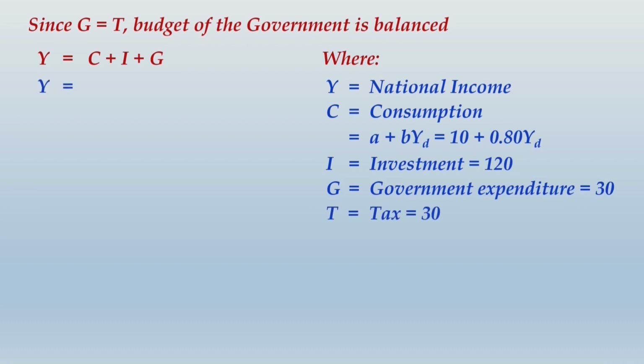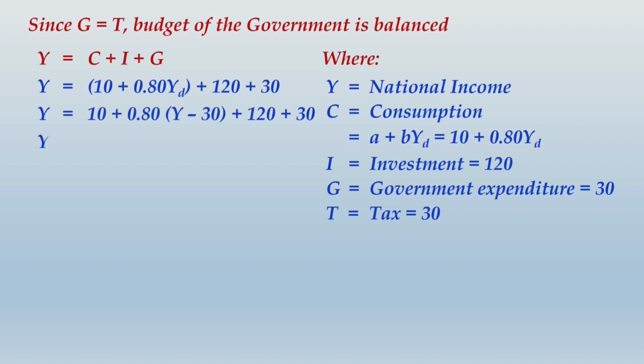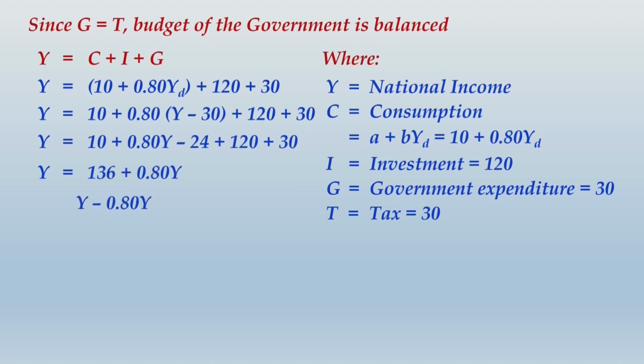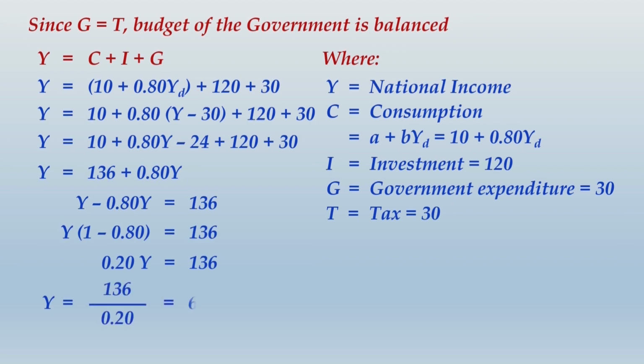And once you have done that, you put all the values in the equation and try finding the value of Y. When you keep solving the equation, you will come across a situation where 0.2Y equals 136. So the value of Y will be 136 divided by 0.2, that gives you 680. So the equilibrium value of Y will be 680.